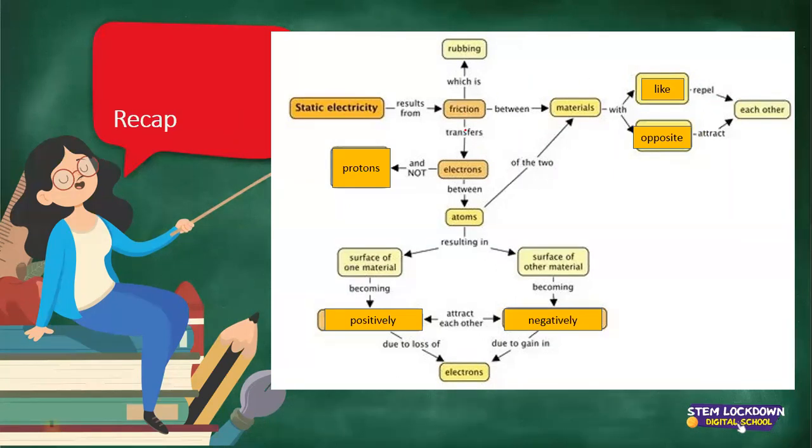So friction transfers electrons between atoms, and this results in one surface becoming positively charged, and another surface becoming negatively charged. And positive and negative charges attract each other due to a loss or gain of electrons. So friction is also caused through rubbing.